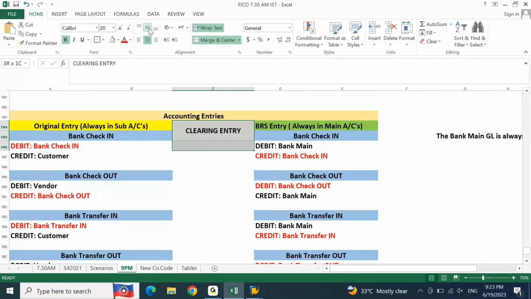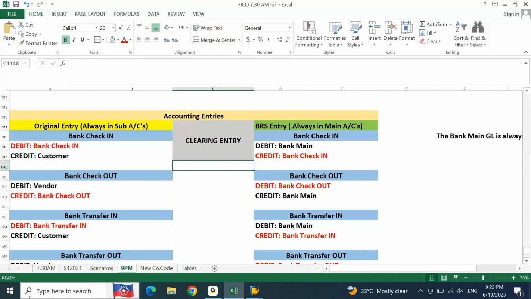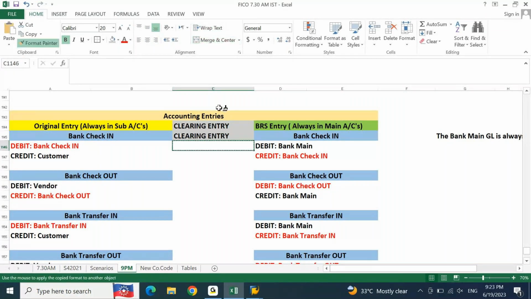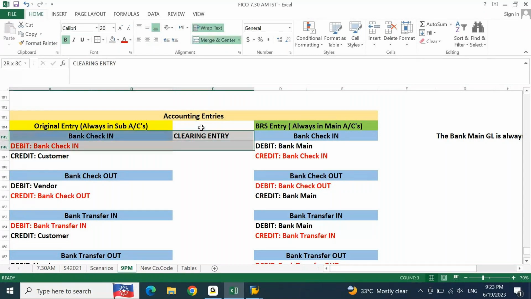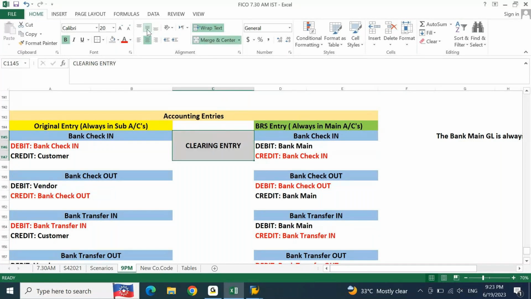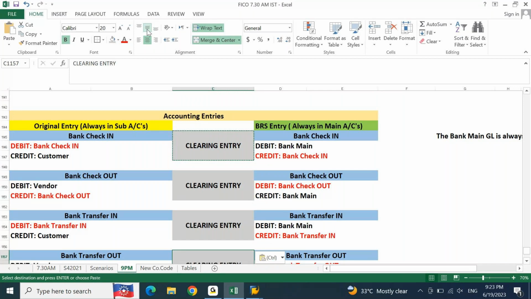Let me write it here. This is your clearing entry. Same thing is here, clearing entry. This is also clearing entry. This is also clearing entry. In short, you have got four clearing entries.